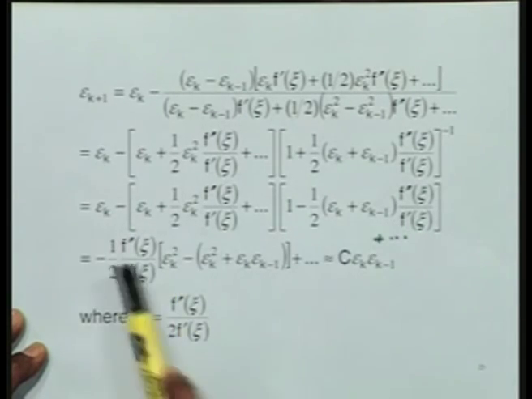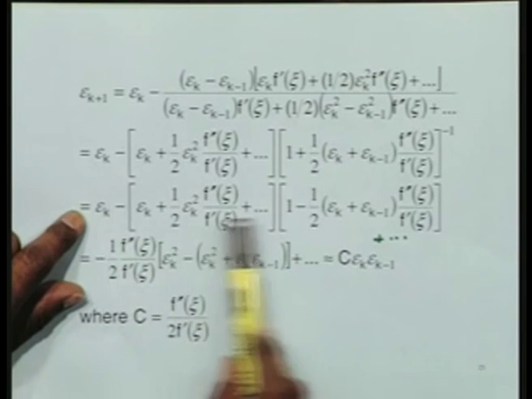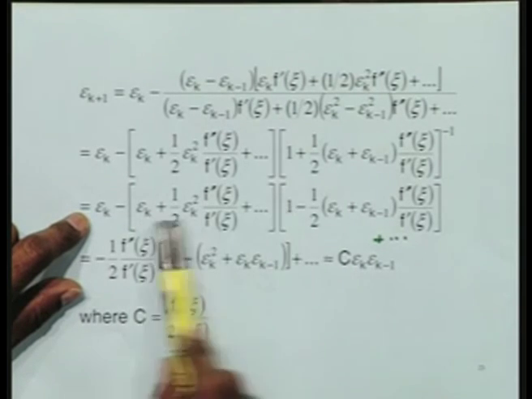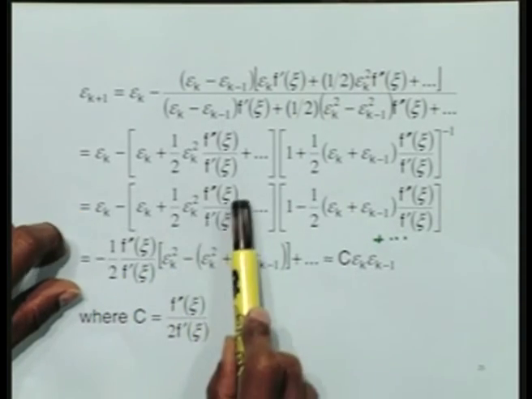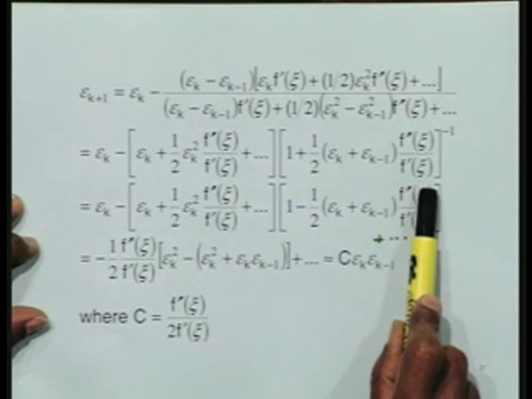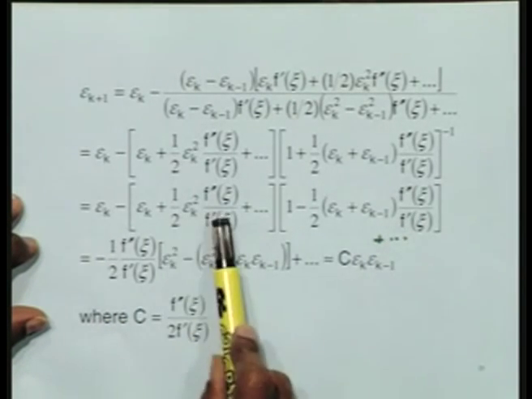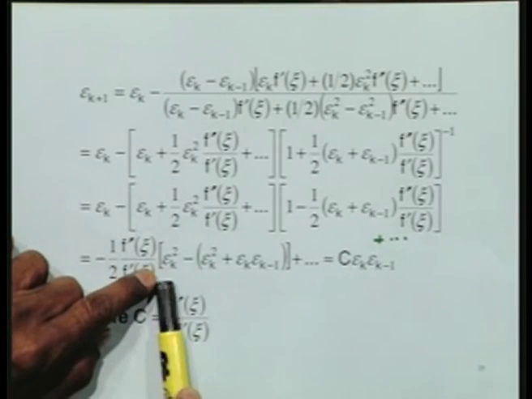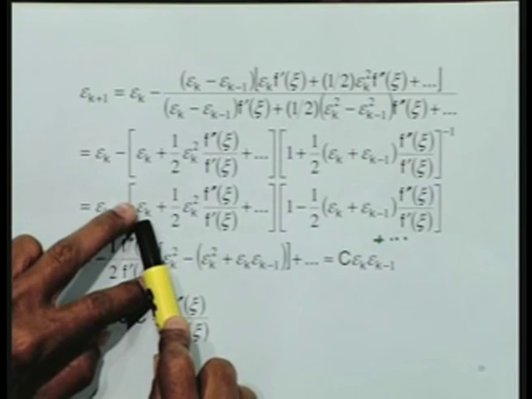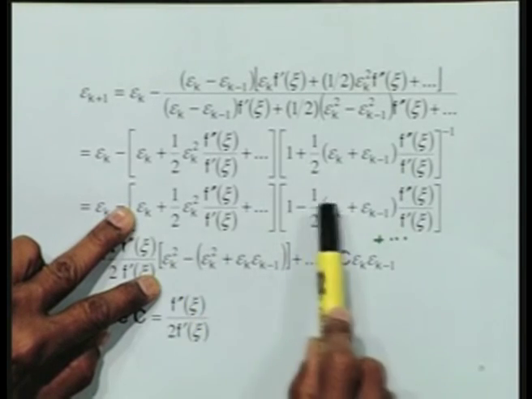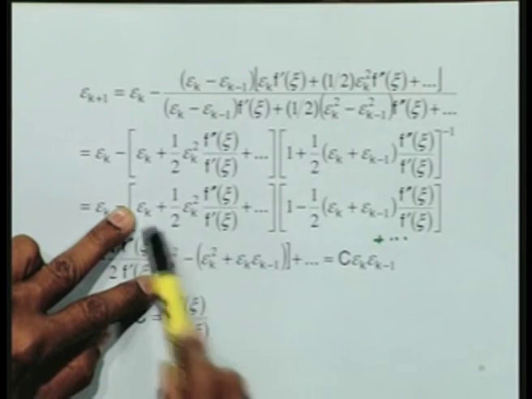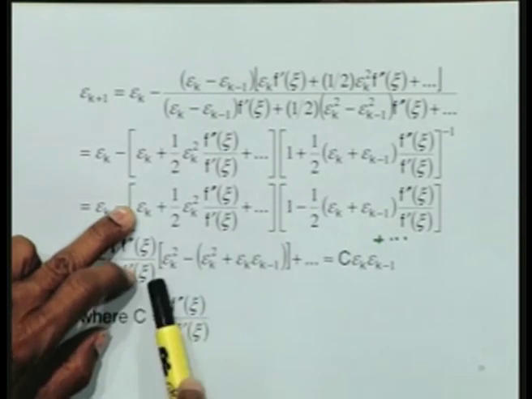If I multiply it out, I would get here epsilon_k into epsilon_k, and epsilon_k cancels off, and the remaining terms, I will take the common factor of f double dash by f dash x_i. If I take that, I will have minus sign outside, epsilon_k square here, and epsilon_k into this factor, epsilon_k into this is epsilon_k square, epsilon_k into epsilon_{k-1}. So this product of these two is this and this.